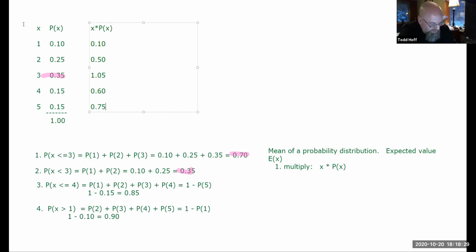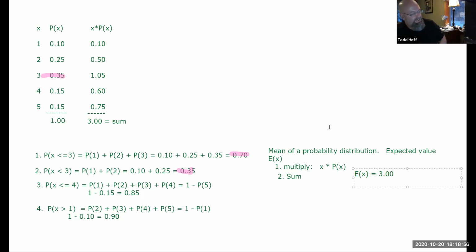So I multiplied those all together. Step 2 is take the sum of those. Add those all up. The sum is 3.00. That is my expected value. Expected value is 3.00.